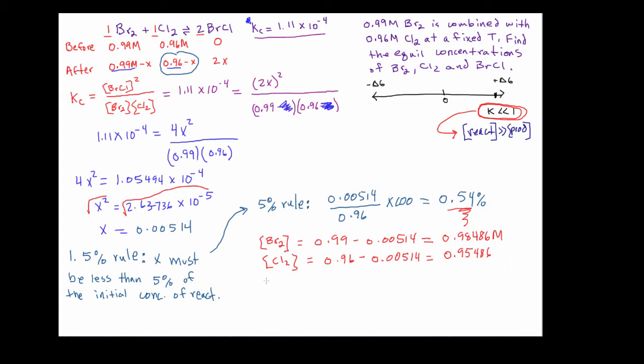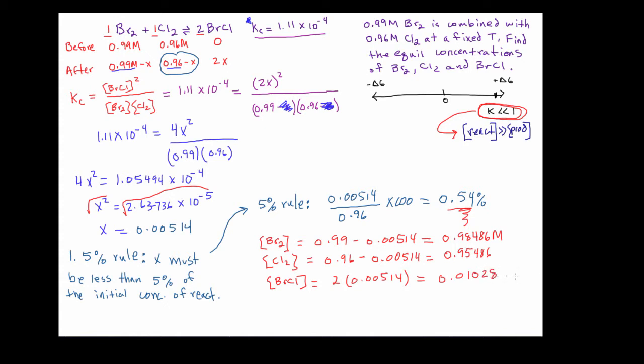Now, the concentration of the BrCl is going to equal 2 times the x value, so it's 2 times 0.00514, and that's going to equal 0.01028.